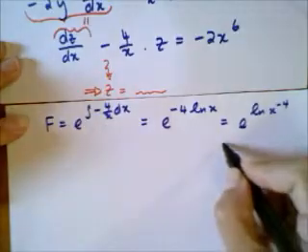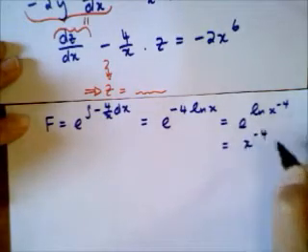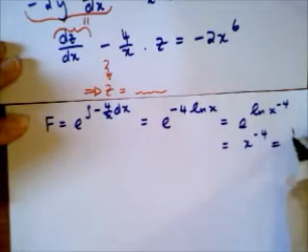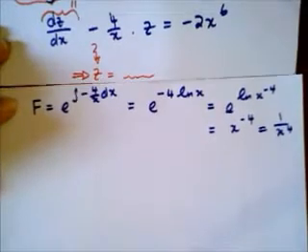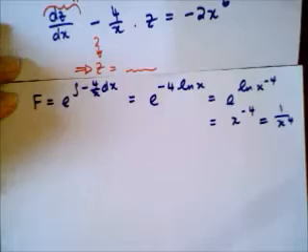Log law says that that is just going to be x to the minus 4, which is 1 over x to the 4. Right? Log laws and your exponential laws.